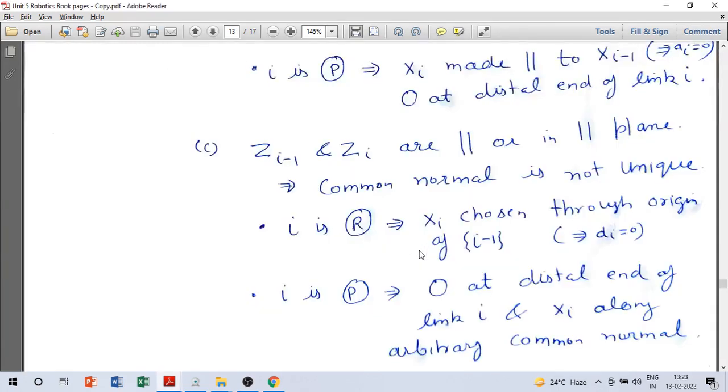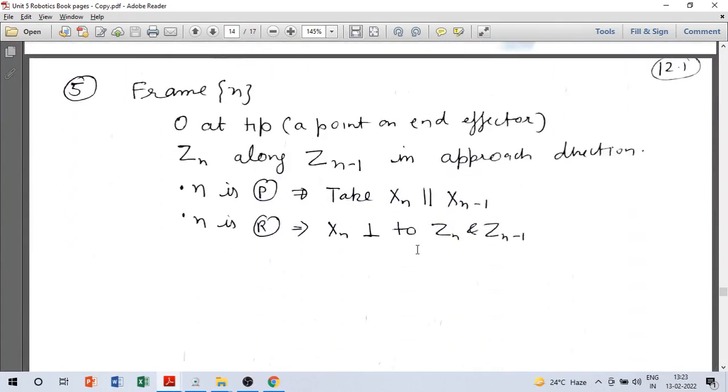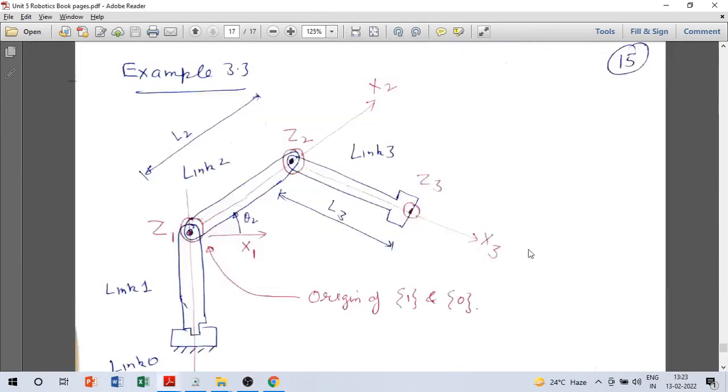If joint n is revolute, xn is the common perpendicular to zn and z(n-1). So we have taken it passing through this point. So this is x3.